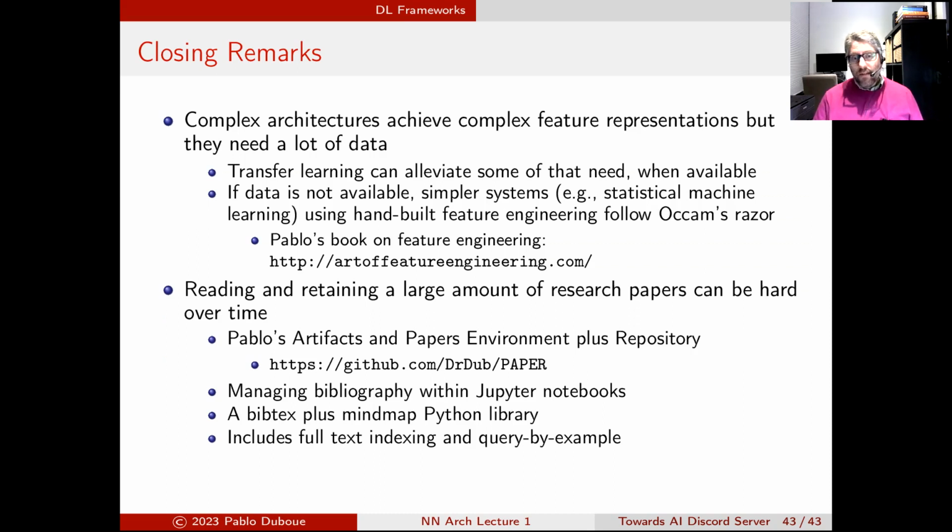On the other hand, if you don't have enough data available, then you have to resort to simpler systems like statistical machine learning and use hand-built feature engineering, which is a topic I know quite a bit, and I even wrote a book. So in a way, my interest in the architectures is coming from feature engineering by hand.